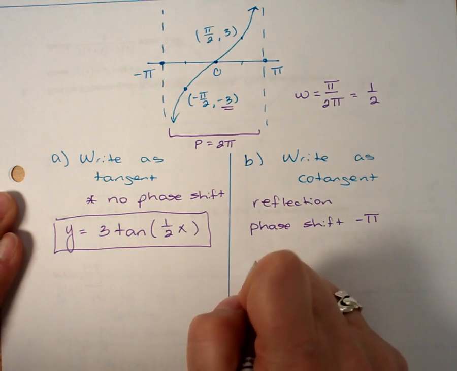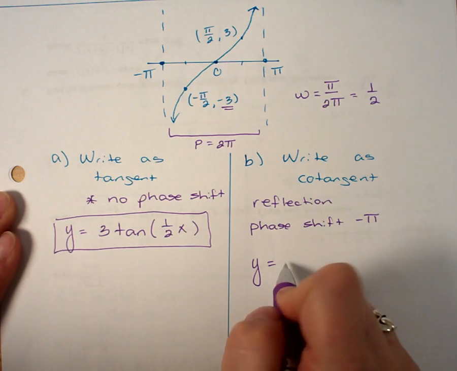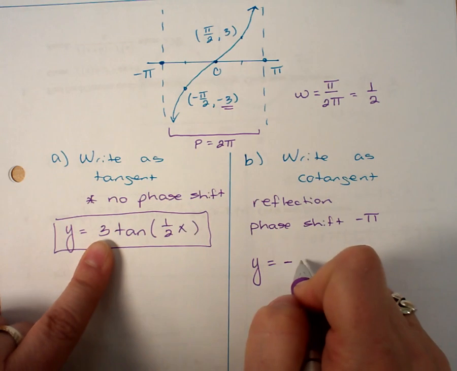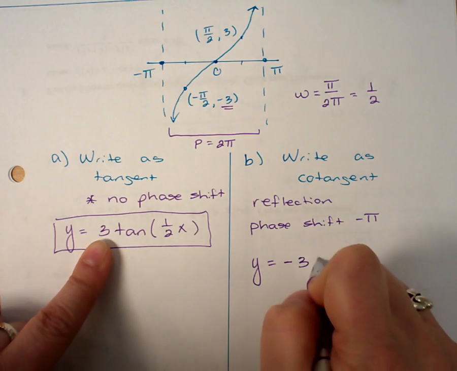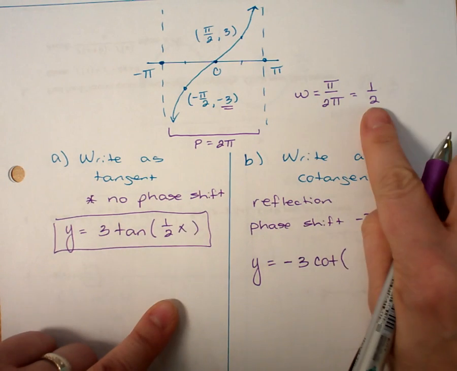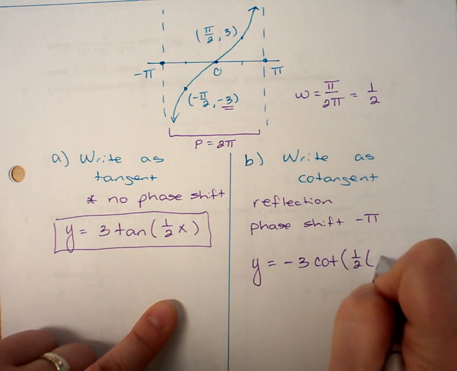So I can go ahead now and jump into my equation. I have a reflection. The amplitude, although we don't usually necessarily have to call it an amplitude for tangent and cotangent, is still 3. I can write my cotangent. I've already identified my coefficient of 1/2 for my period change.